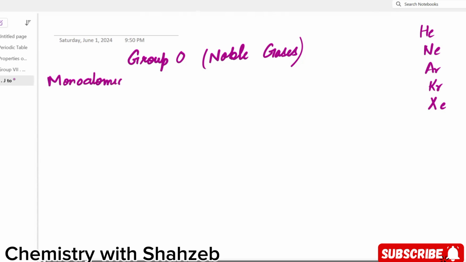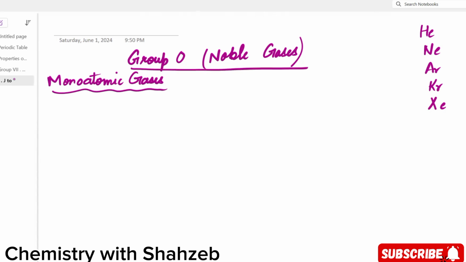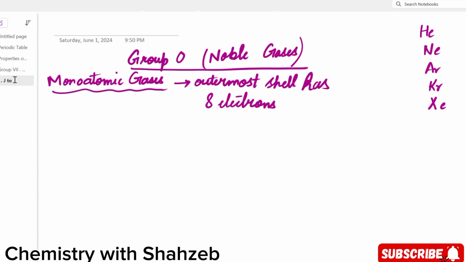monoatomic gases. Why are they called monoatomic gases? Because they would not form any bond with any other element. The reason behind this is that their outermost shell is complete. Outermost shell has 8 electrons. So if they have 8 electrons, then they would not be able to form any bond with any other element.